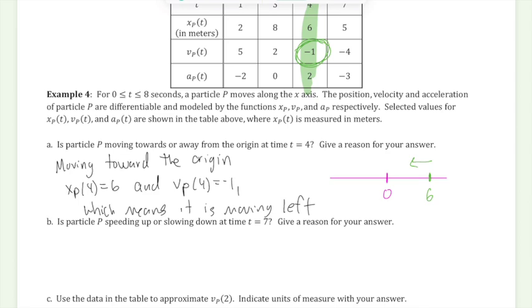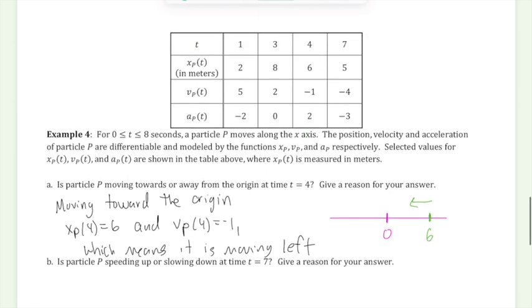Is particle P speeding up or slowing down at time equals 7? So let's look at time equals 7 and try to analyze what's going on. Again, speeding up or slowing down means that either the velocity and the acceleration are the same sign or they're different signs.